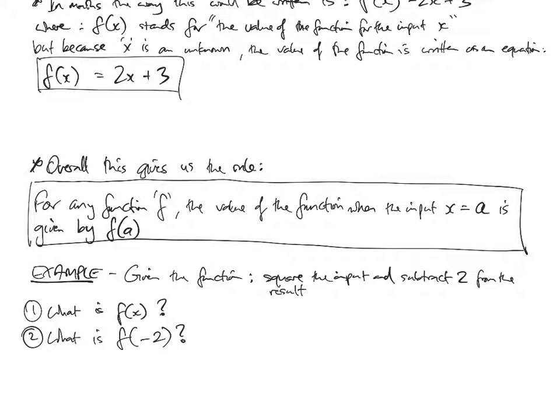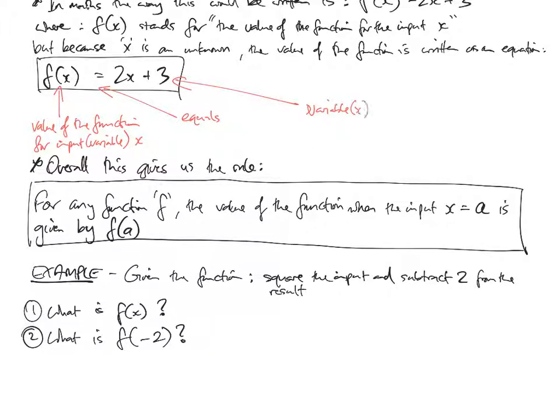So what you need to get out of this particular point of this video is: the value of the function for input or variable x is equal to the variable x doubled, then add 3.